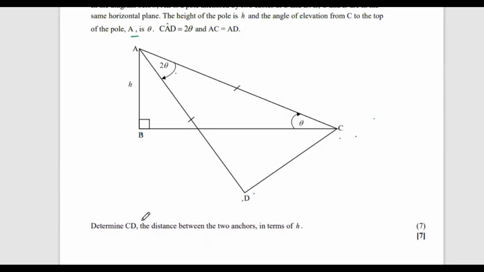They want the distance CD, the distance between the 2 anchors, in terms of H. So what I need to do, I can start by finding the distance AC in terms of H. Because I have this H, I have the theta, and I have this 90, I can use the trig ratios. This is the opposite, this is the hypotenuse, so we can use sine.